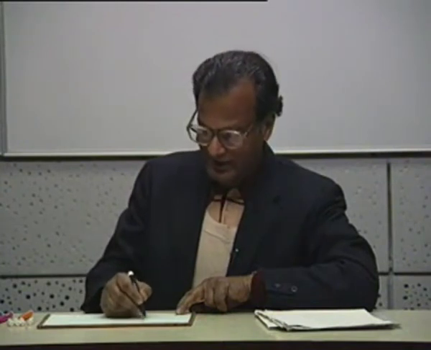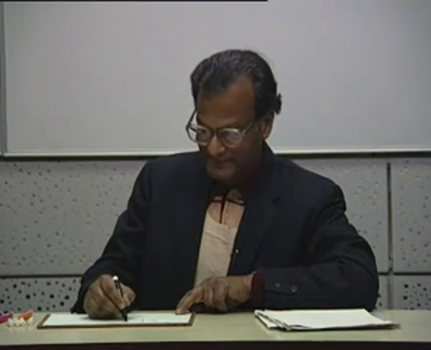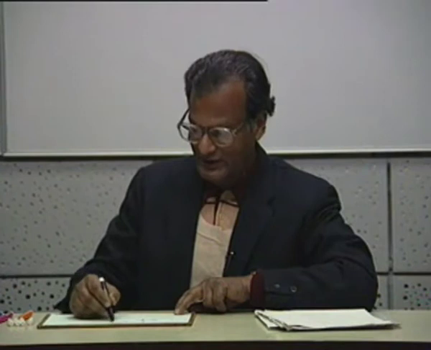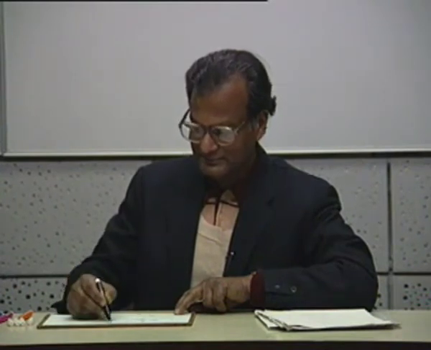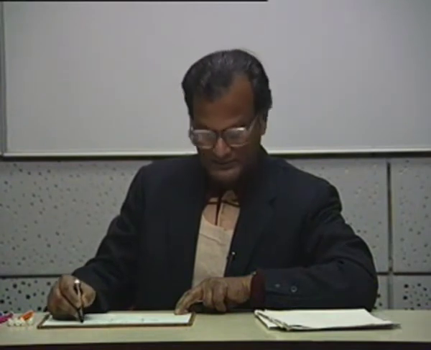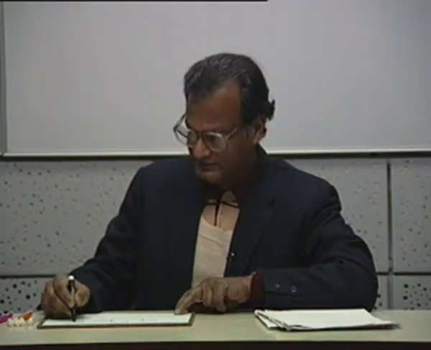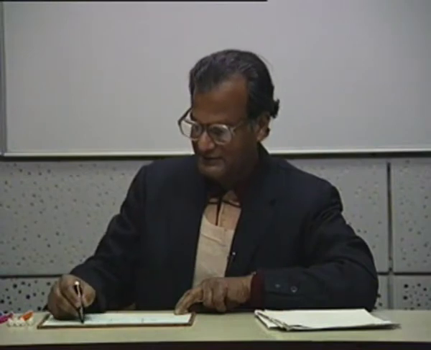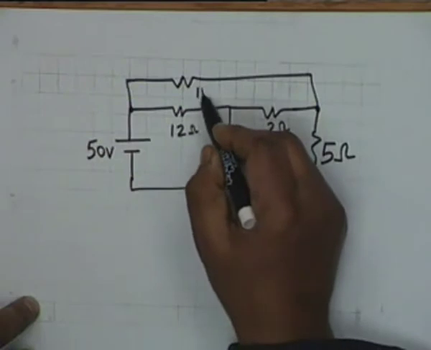Let us say we have a battery of 50 volt, 12 ohm resistance, then a current generator 3 ampere, and then a 2 ohm resistance, 5 ohm resistance, and to make things complicated we have another bridging resistance here which is 10 ohms.